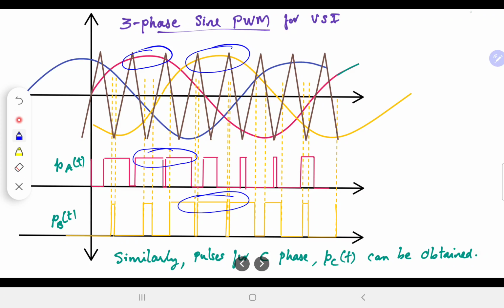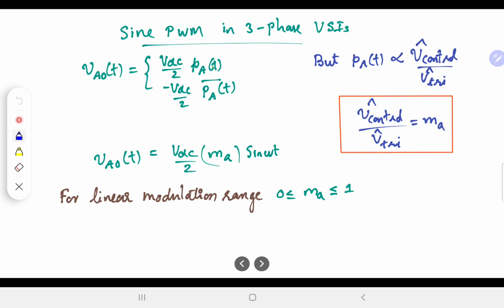So we can generate PA, the pulses for A phase, PB, the pulses for B phase, and PC, the pulses for C phase. Now we'll look at the quantification of the fundamental voltage. For the sine PWM, the A phase voltage VAO is going to be plus VDC by 2 whenever PA is logic 1, and minus VDC by 2 whenever PA bar is the high logic.